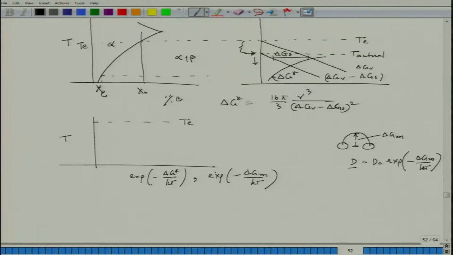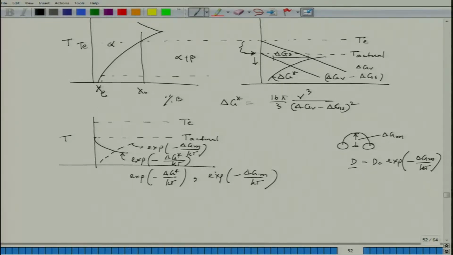So we will see this is my T, this is my T actual, from where nucleation is possible, because from that point onwards we are getting an effective driving force, which is negative. So this is my exponential minus delta Gm by kT, and this is exponential minus delta G star by kT.